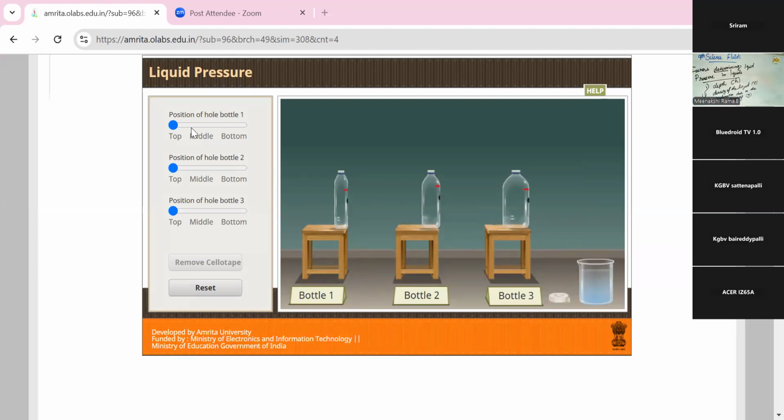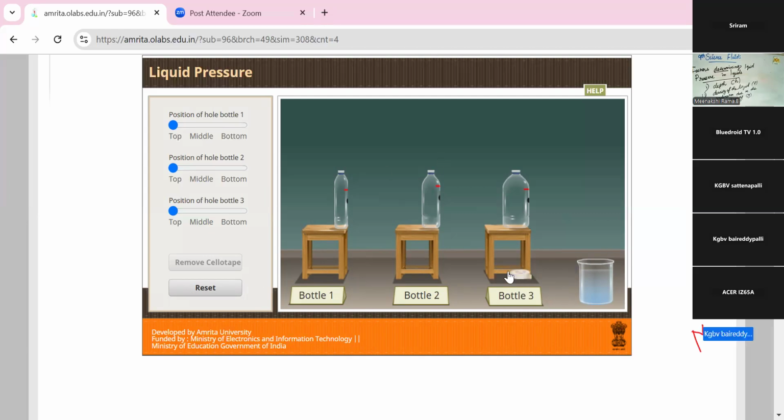First we select the position of the hole in the bottle: top, middle, or bottom. I select the same part in all three, the top position.